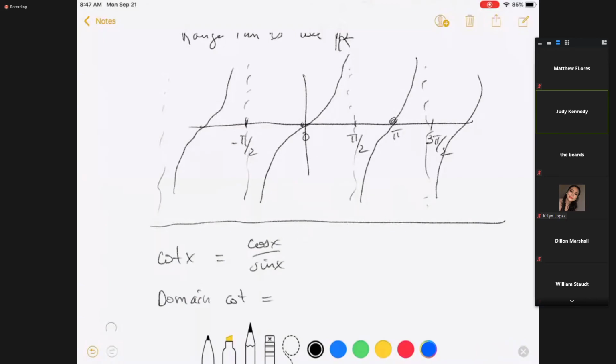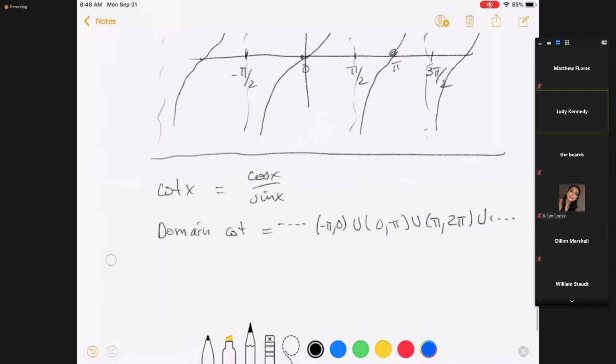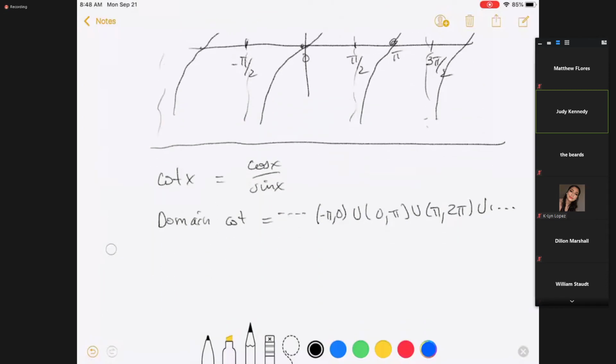That would be a union of a lot of intervals too, okay? But 0 to pi, these are going to have endpoints, the integer multiples of pi. And its range is also all the reals.